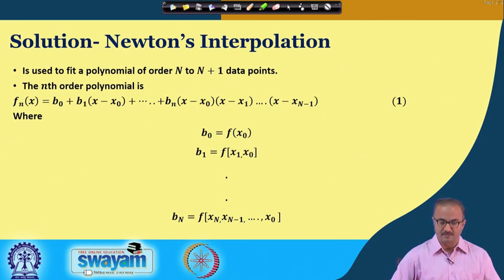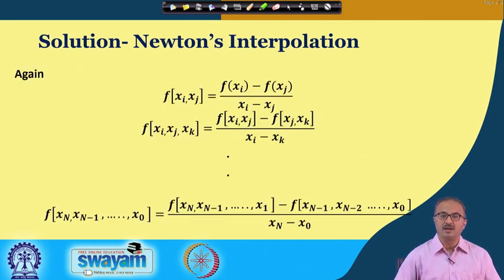Now, here we have the explanation that f[xi, xj] means f(xi) minus f(xj) divided by xi minus xj. Now, f(xi), f(xj), xi, xj will be given to you, and from that you can find this value of f[xi, xj].